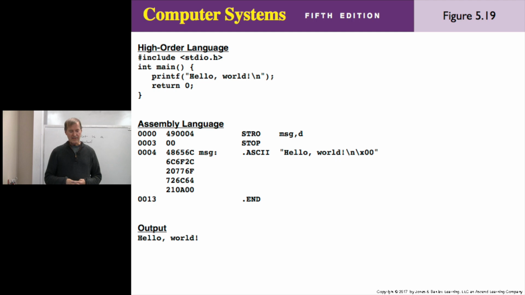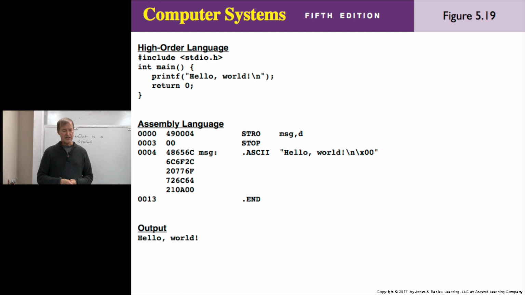By the way, always put your strings to output after STOP. Don't branch around those and put them up at the top. That's our convention, to always put the .ASCII lines at the bottom, after the STOP and before the end. So look at that ASCII string. It's double quote, hello, comma, world, exclamation. And what is that backslash n?